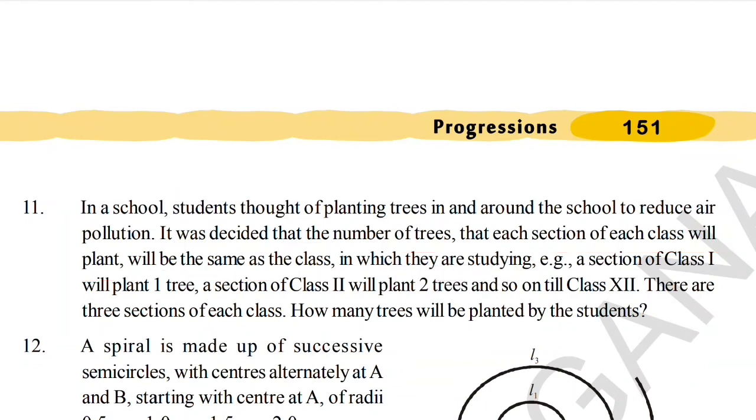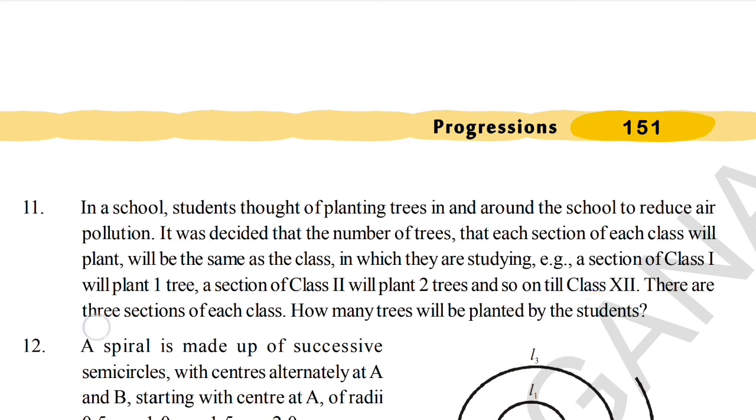For example, a section of class 1 will plant 1 tree because they are studying first class. Next, a section of class 2 will plant 2 trees because they are studying second class, and so on till class 12th.